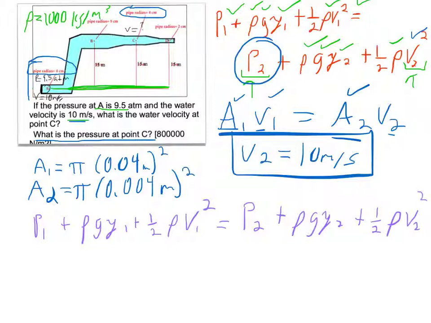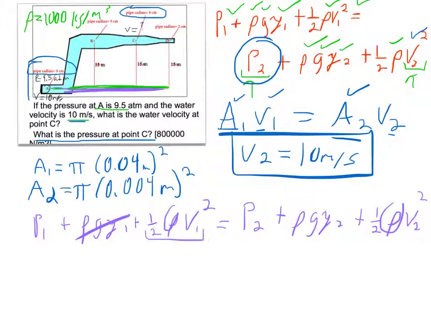Now remember I told you that lots of things in this equation tend to turn to 0 or cancel. Well, first of all, we called the level of point A 0, so this term, the potential energy part of point A, disappears. We also just found out that the velocities are the same, and this is water all throughout, so the densities would be the same as well.